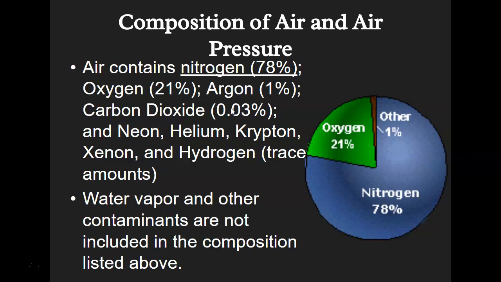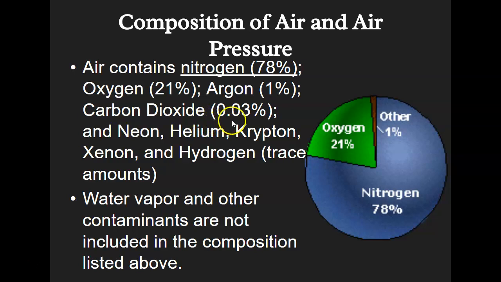And the last thing we want to talk about is the composition of air and air pressure. Air contains 78% nitrogen, which we can see on this graph here. It's 78% nitrogen, 21% oxygen, and then about 1% argon.